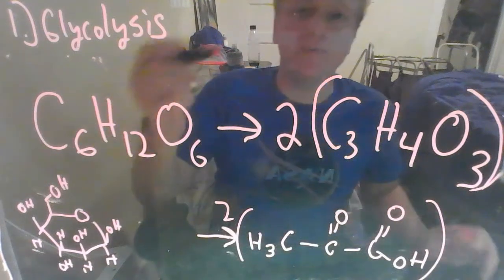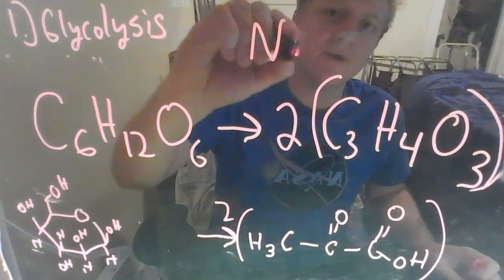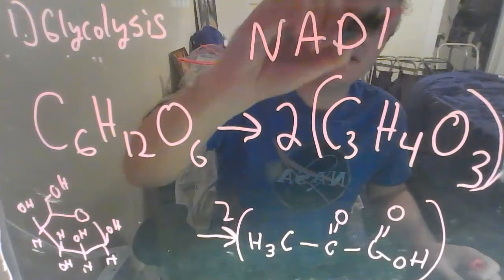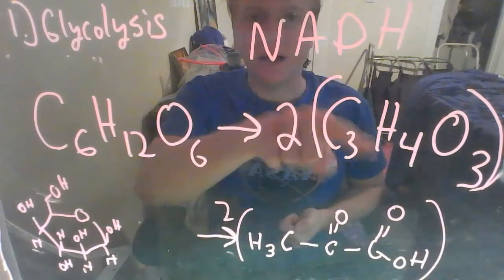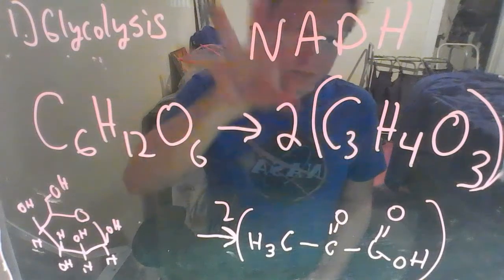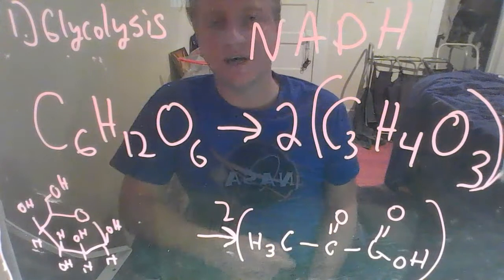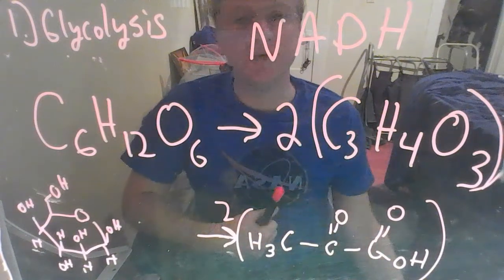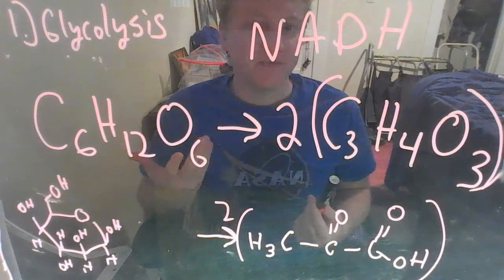So what happens is you get this electron carrier molecule called NADH. NADH is just going to come in and pick up this hydrogen. And we're going to see later on that we're going to be using this NADH for the electron transport chain. We're going to be using this for energy later.